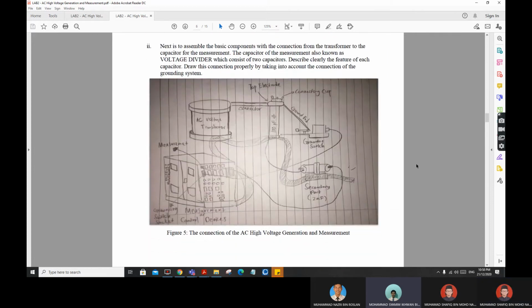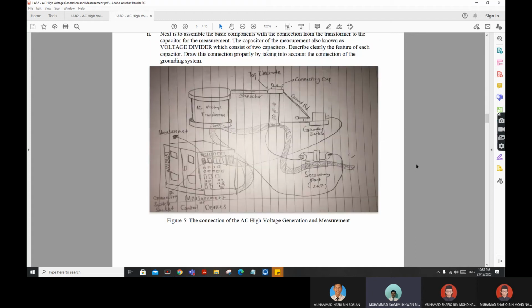For the next question, we look at the basic components and the connection from the transformer to the capacitor for the measurement. Figure 5 is an illustration of the AC high voltage generation and measurement connection. The AC voltage transformer is connected to the top electrode and goes to the grounding switch, and also to the secondary part.